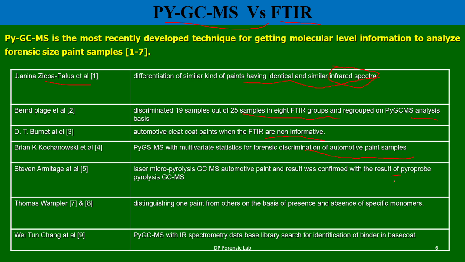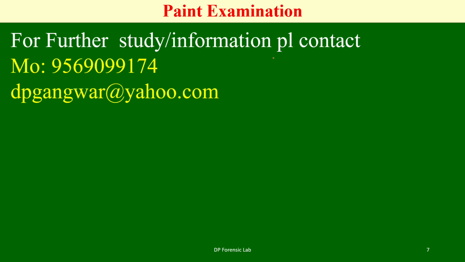So this is useful where FTIR is not able to identify or distinguish two samples. PyGCMS can distinguish them. So this is a very important technique.